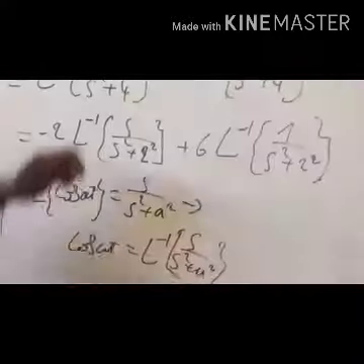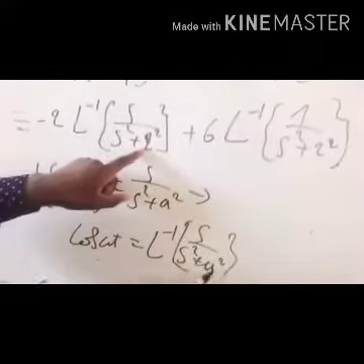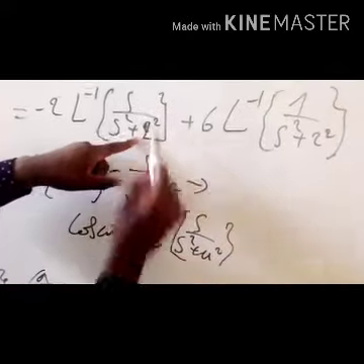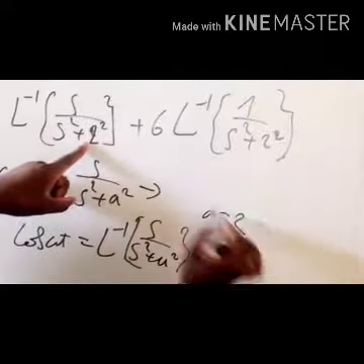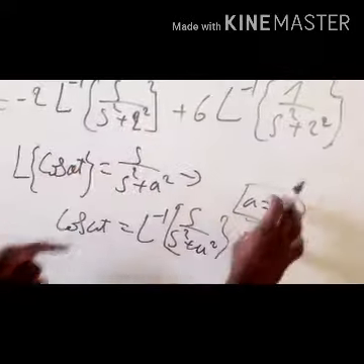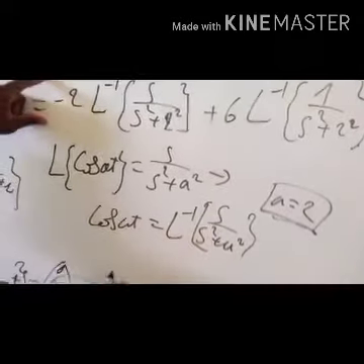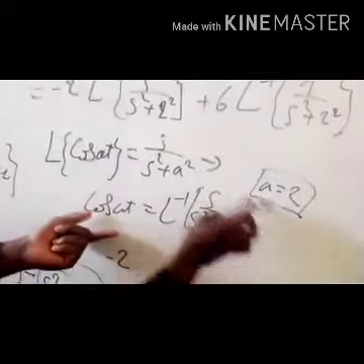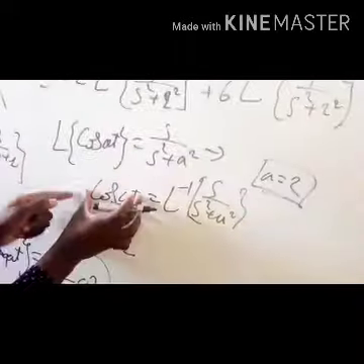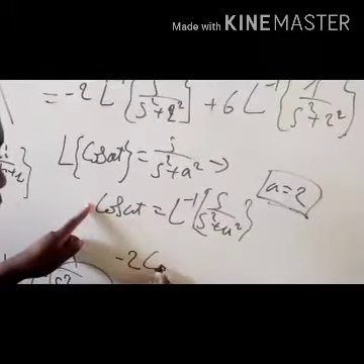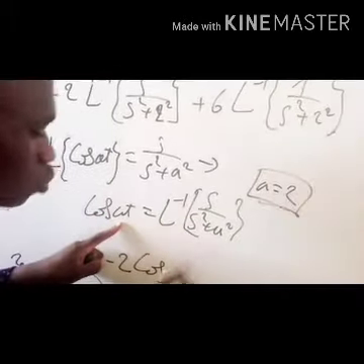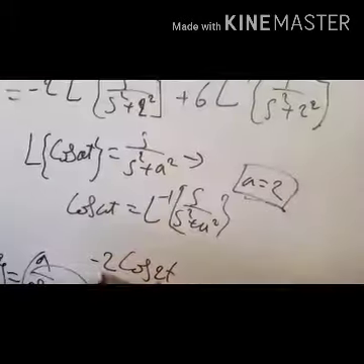Comparing a squared with 2 squared, a is equal to 2. So minus 2 times the inverse Laplace transform of this is equal to cosine of at, meaning cosine of 2t for this part.